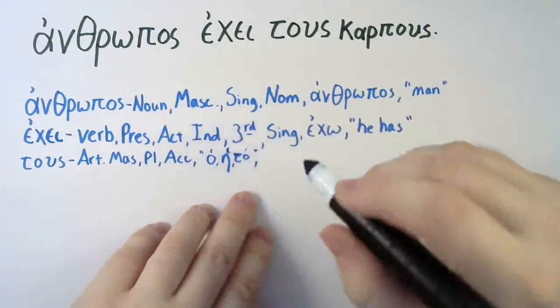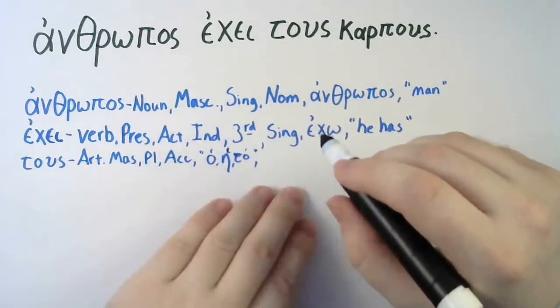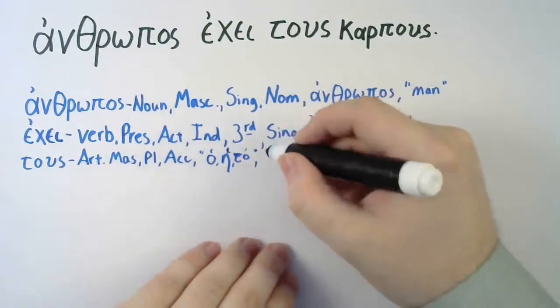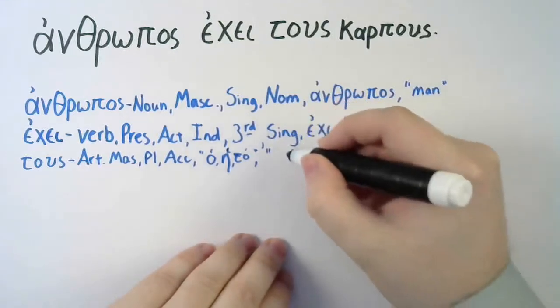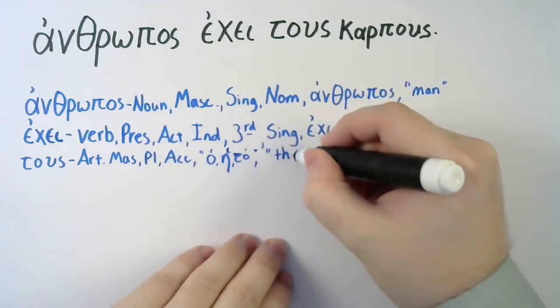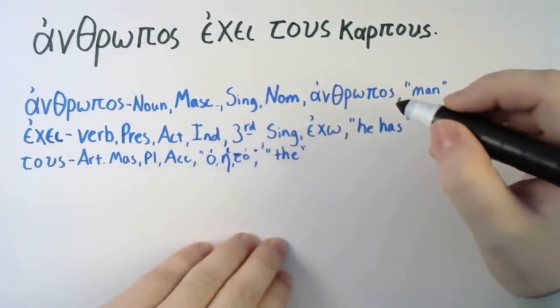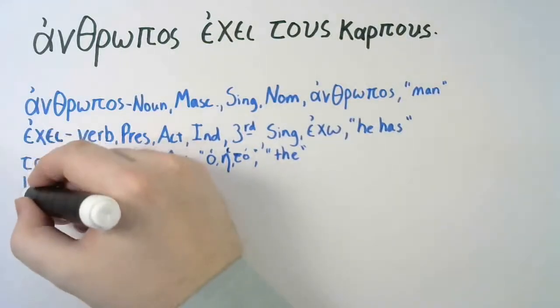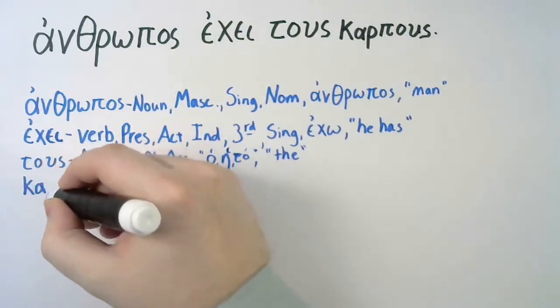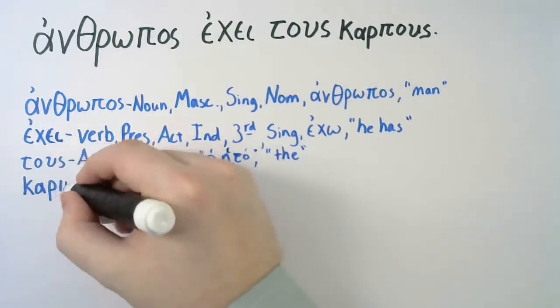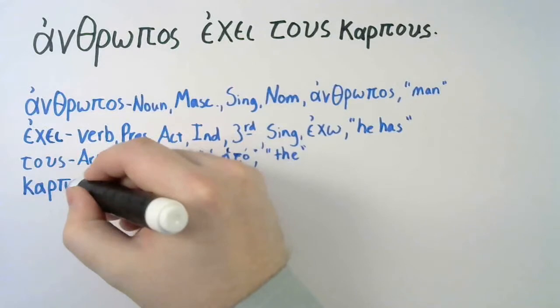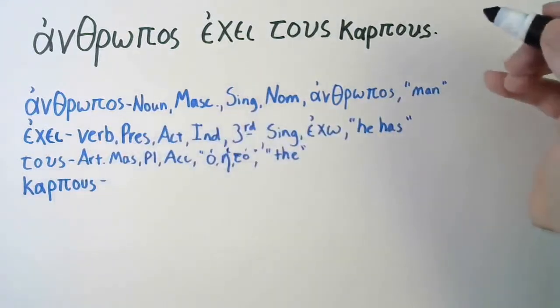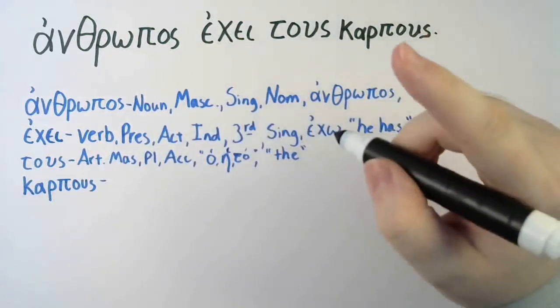Next up, after your lexical form, translation. How do you translate the definite article? The. Okay. One more word. And that word is karpous. What part of speech is karpous? Recall from your vocabulary.